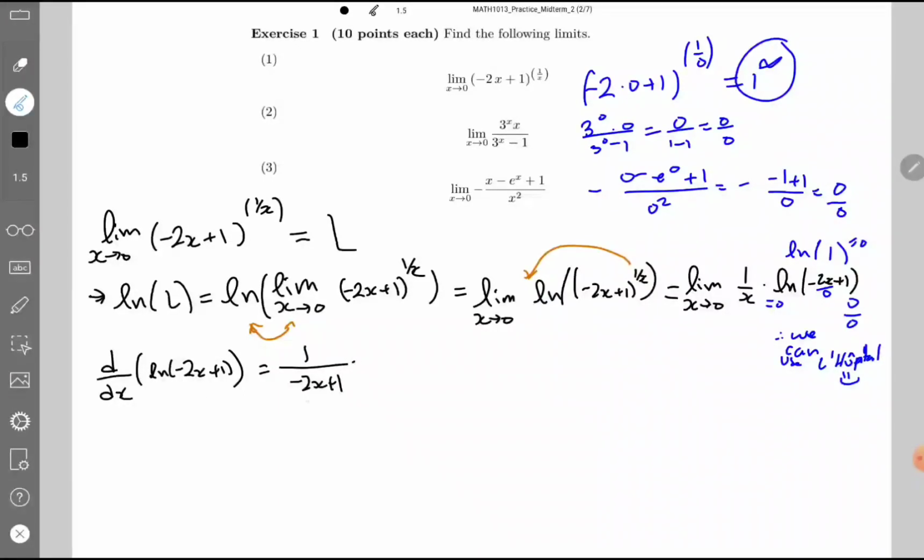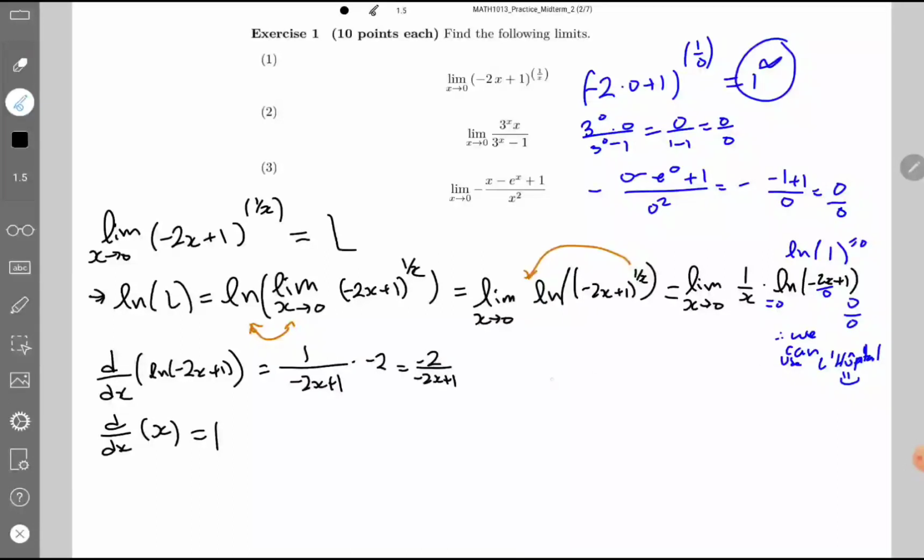Here, the derivative of the inside is minus 2, because we have minus 2x plus 1. The 1 goes away, and the minus 2x becomes minus 2. So here we have minus 2 divided by minus 2x plus 1. And then what's the derivative of the bottom part? The bottom part is just x, so the derivative is just 1.